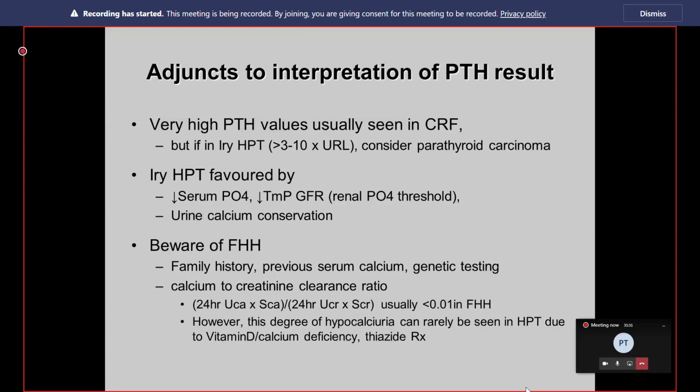And in fact, parathyroidectomy doesn't reduce their serum calcium because it's a condition due to mutation of the calcium sensing receptor.